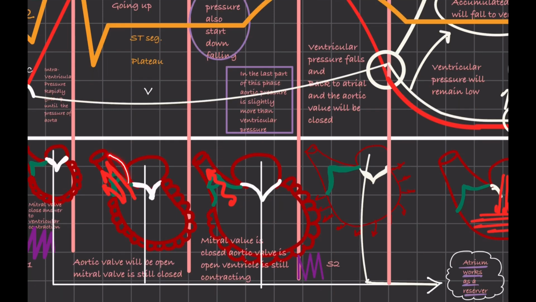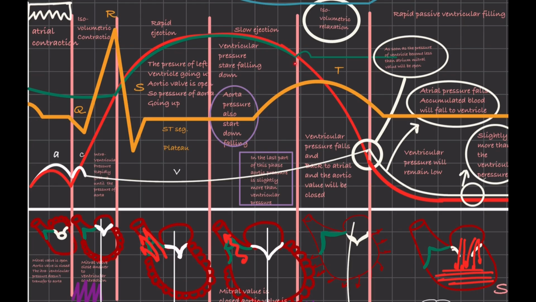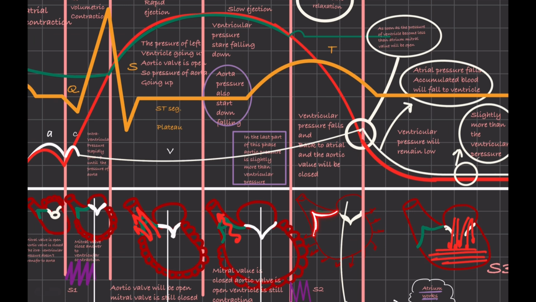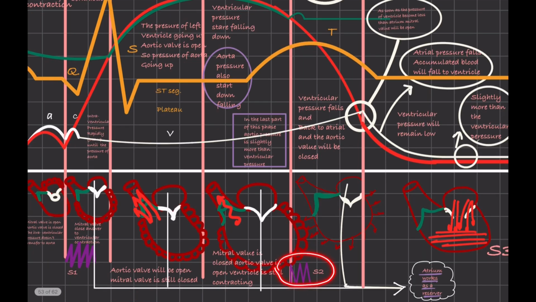As the ventricle starts to relax, aortic pressure stays high due to the elasticity of the aorta. Eventually, the ventricle pressure drops below the aortic pressure, causing the aortic valve to close, which creates this S2 sound.